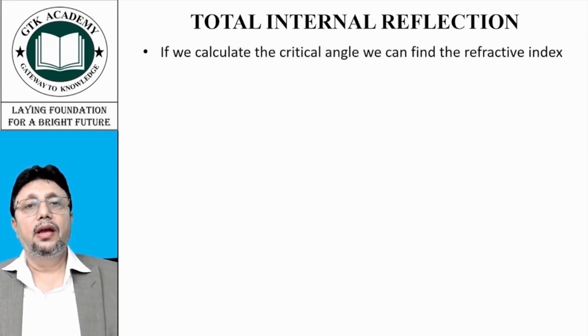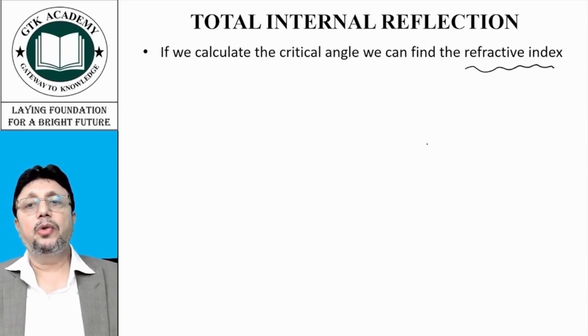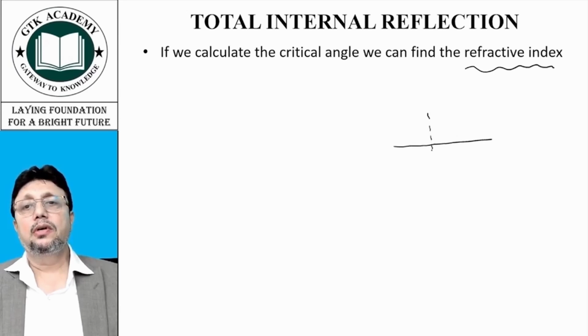Now, if we calculate the critical angle by some experiment, we can find the refractive index of the material, because you know that, suppose you must have read in Snell's law, this is medium 1 and this is medium 2.